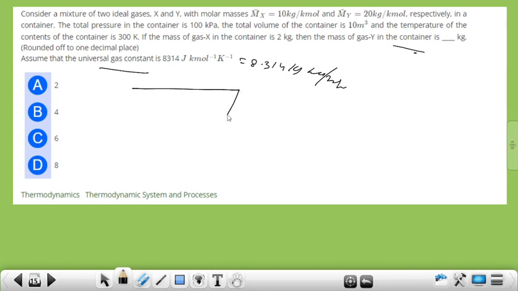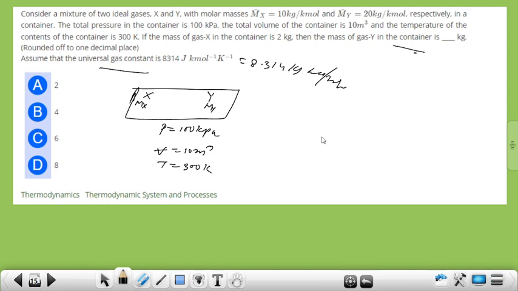So first draw the diagram. Here are the two gases X and Y, with molar mass Mx given as 10 kg per kilomole and molar mass My given, and the pressure is 100 kilopascal, volume is 10 meter cube, and temperature is 300 Kelvin.